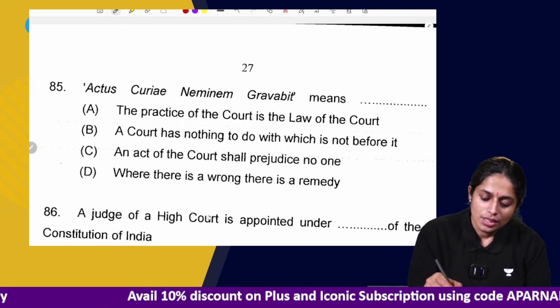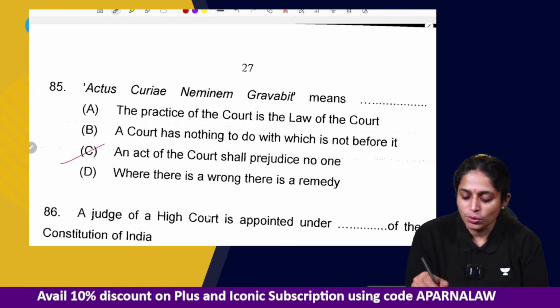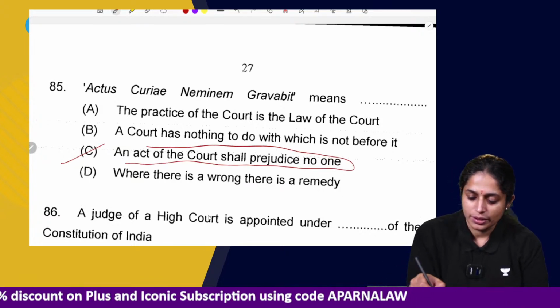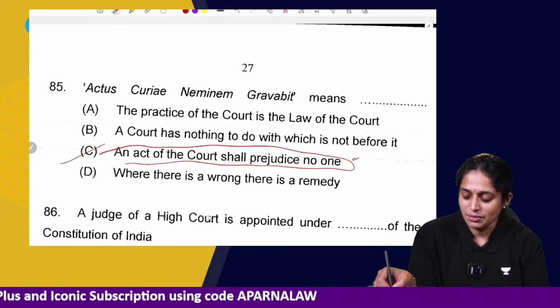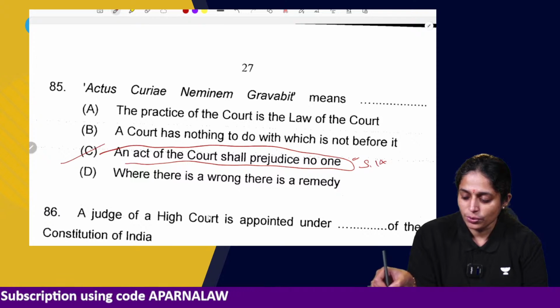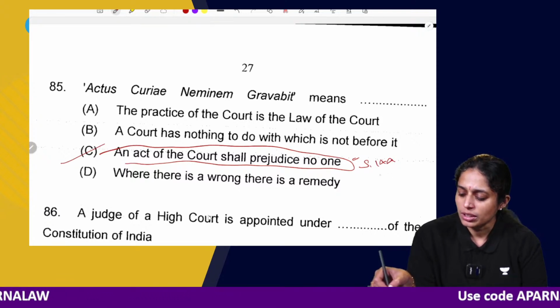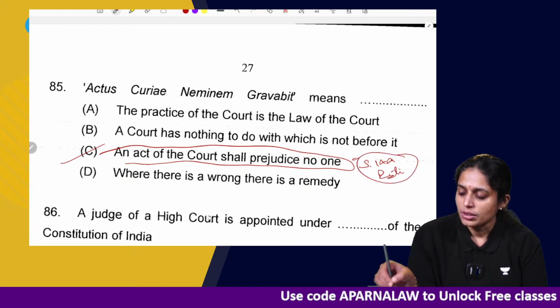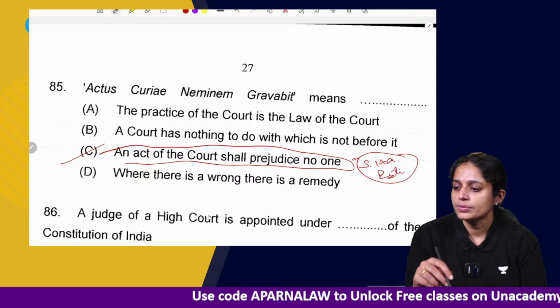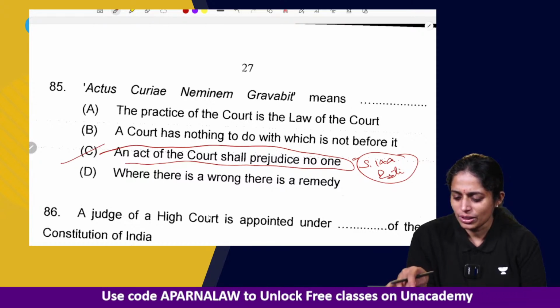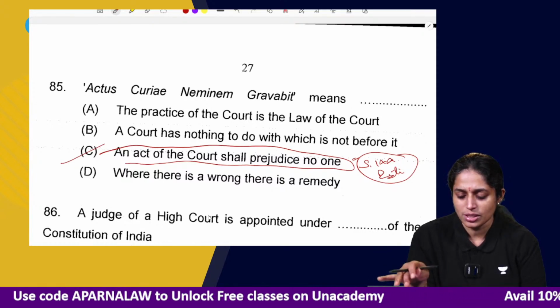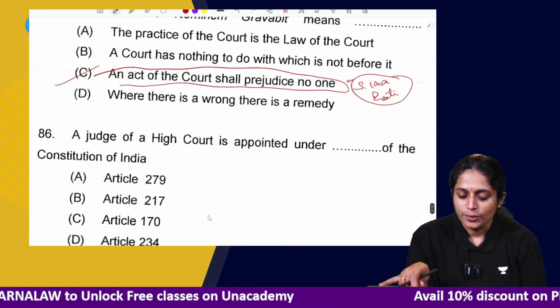It is C, an act of the court shall prejudice no one, which is based on, like yesterday we got section 144 and some question was there regarding restitution. Yesterday or the day before yesterday, somewhere I had discussed this.